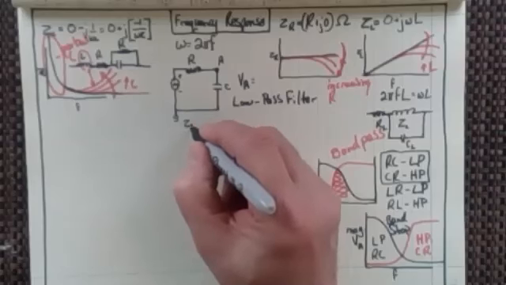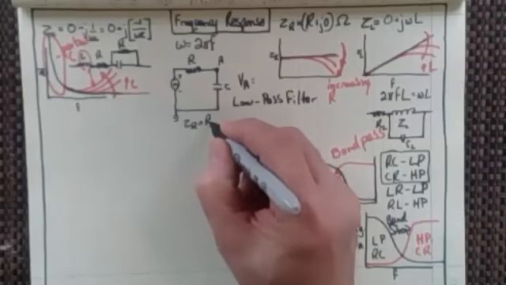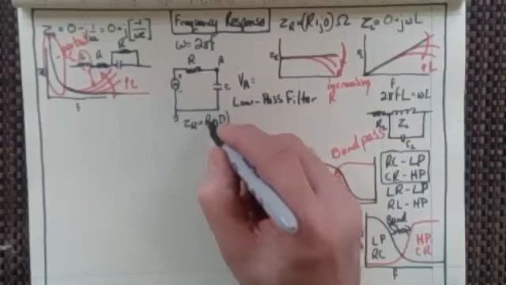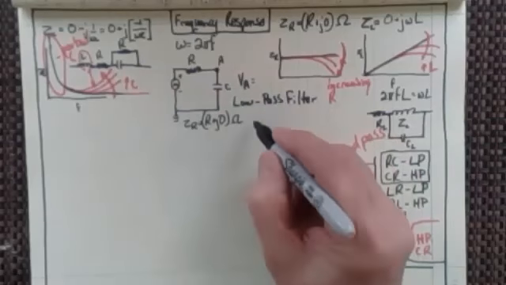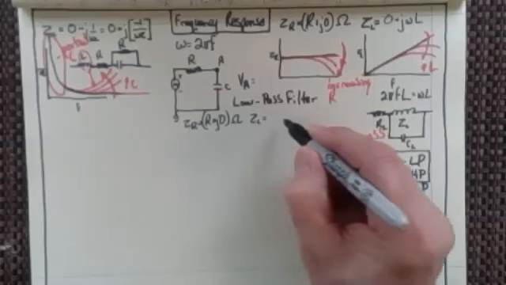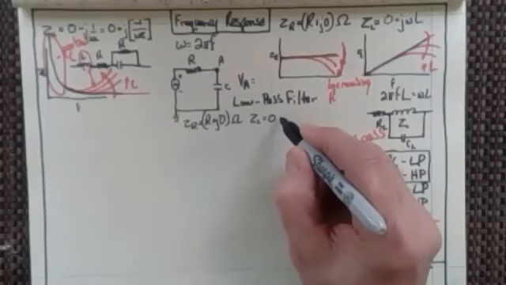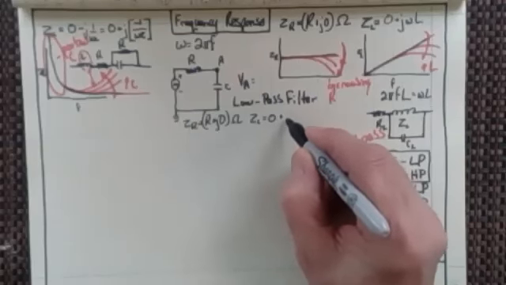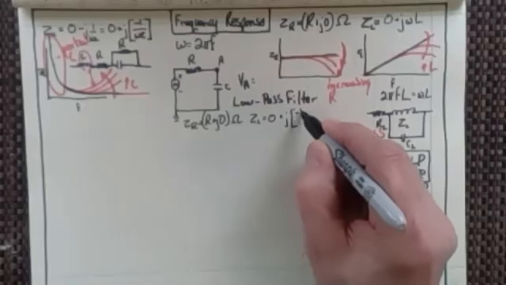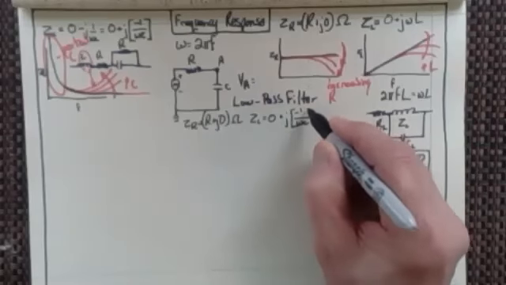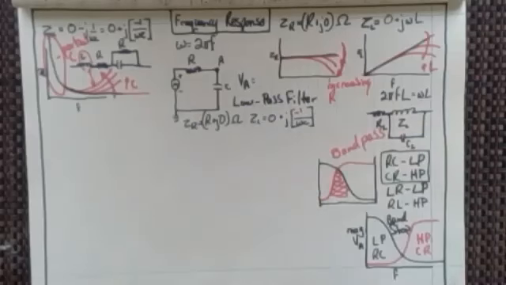I've got Z sub R equals R plus j0 ohms, and I have Z sub C equals 0 plus j minus 1 over omega C, right? I think everybody can see that.